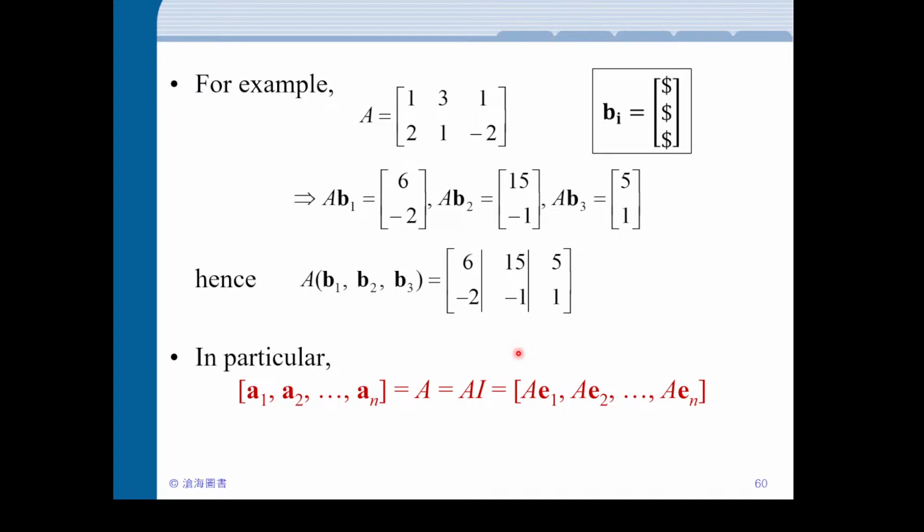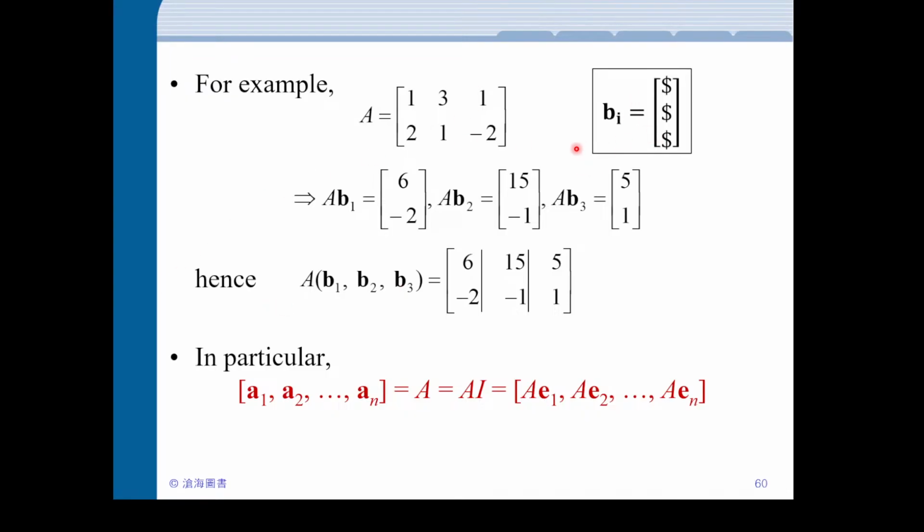Okay, and for example, I guess I should have an actual number here. But for example, we have A equal to this matrix, with some B, then we have AB1 equal to this vector, AB2 equal to this vector, and AB3 equal to this vector.